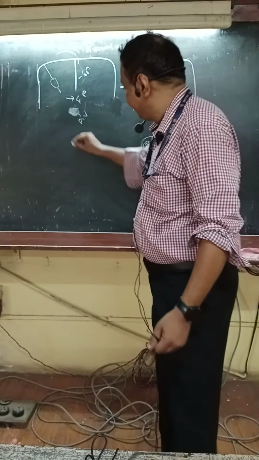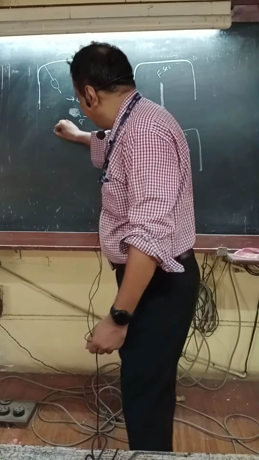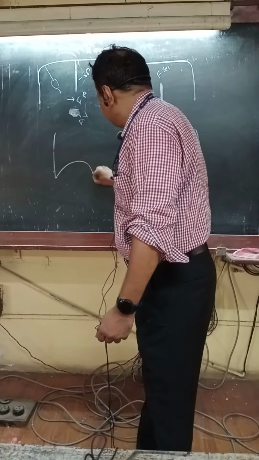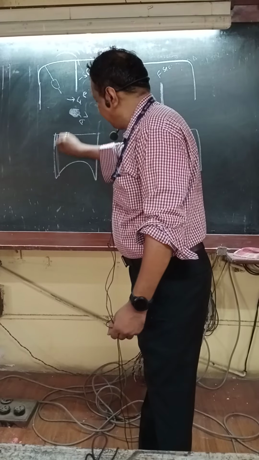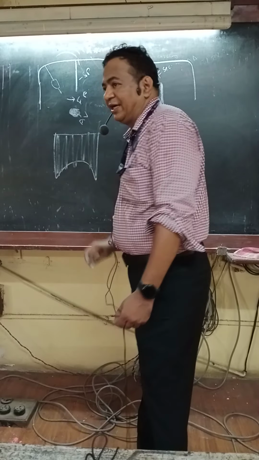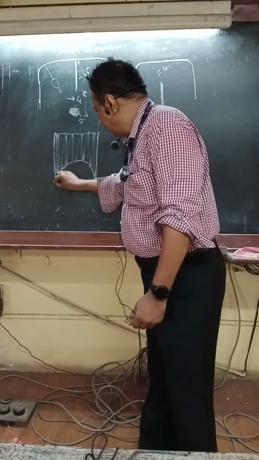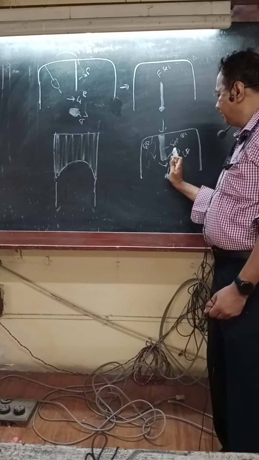When you open it, you are sitting in the right atrium and looking. What you see is a thick septum secundum like this, and below that the primum. After birth, this fuses.